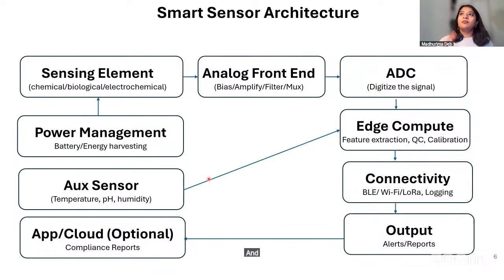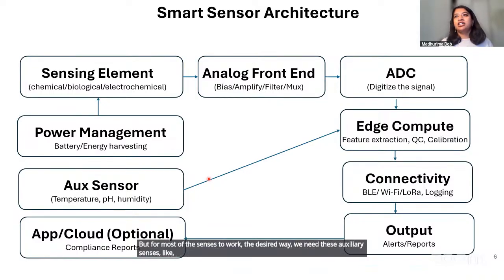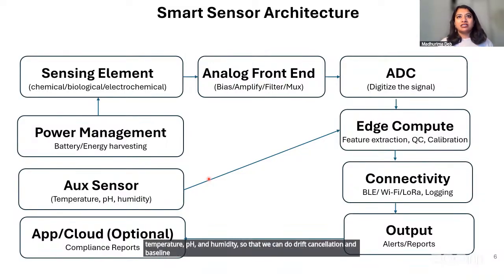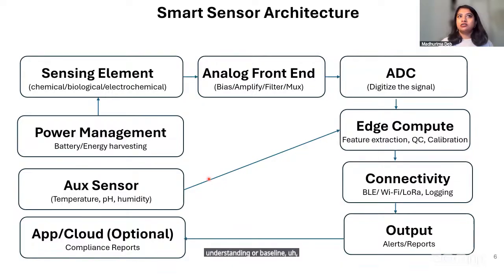And for the edge computations, this can be optional for some sensors, but for most sensors to work the desired way, we need auxiliary sensors like temperature, pH, and humidity so that we can do drift cancellation and baseline calibration and so on.